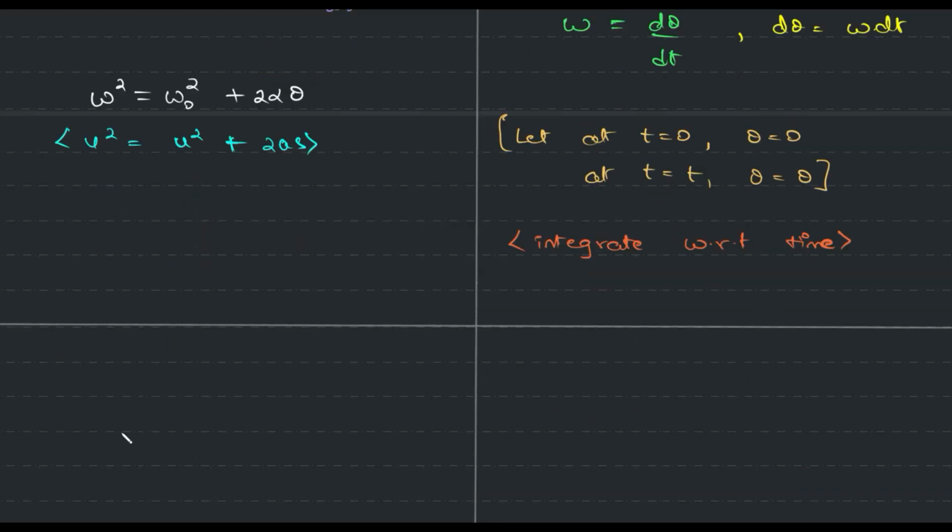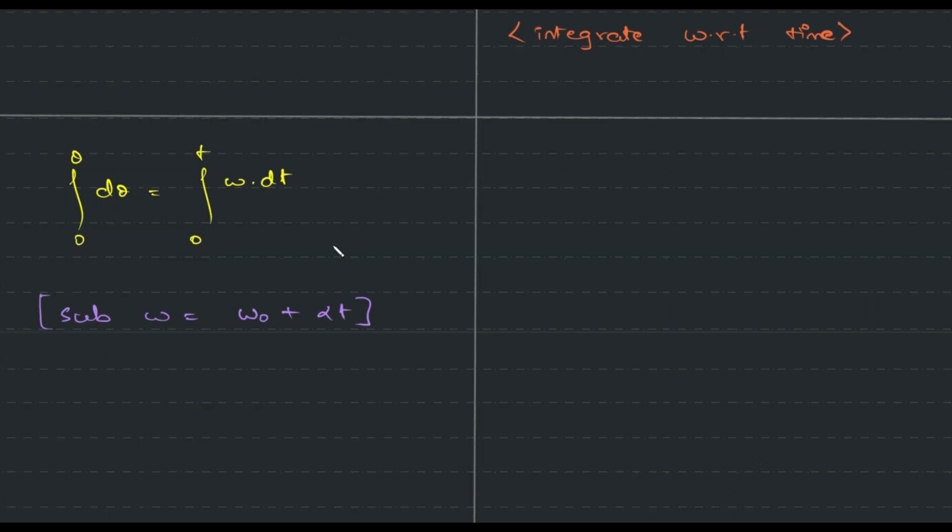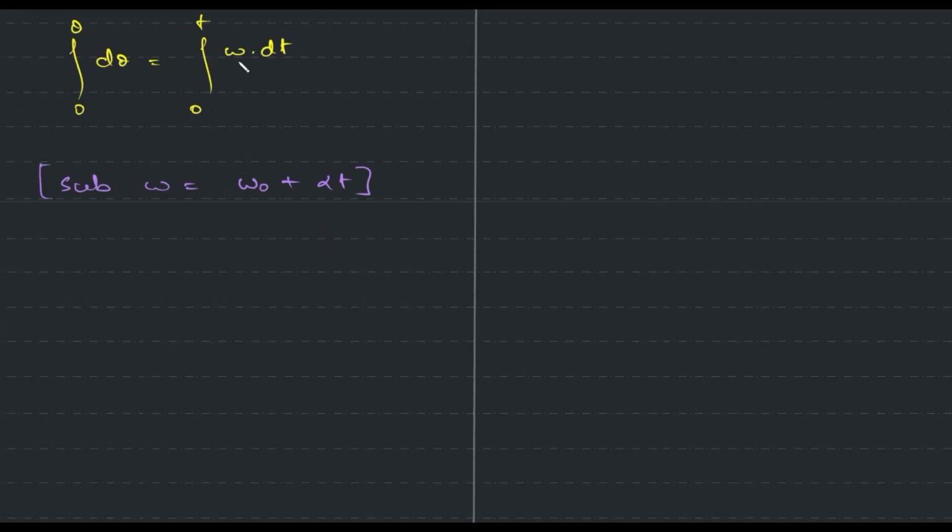So if I do that, then I end up with 0 to theta d theta, and this is 0 to t. Remember, omega is changing. Now we have to substitute omega as omega naught plus alpha t, because omega is changing, and it's changing in this manner.